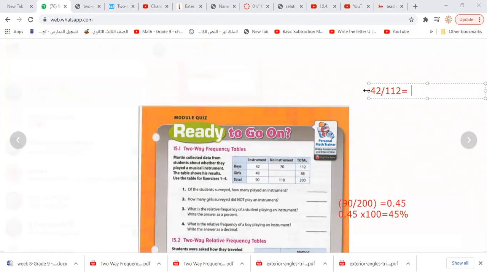In this question, he said to write your answer in decimal form, so the answer will be 0.375.